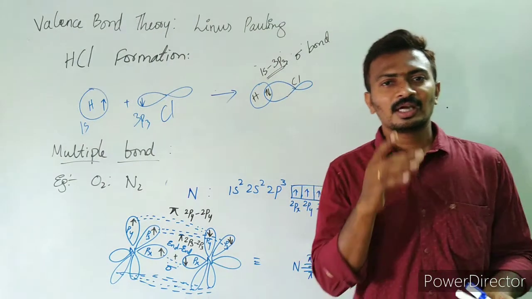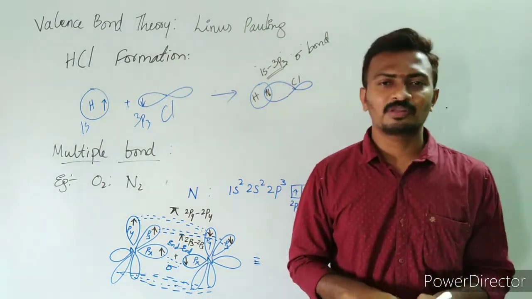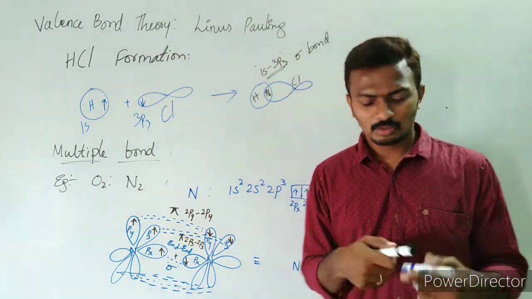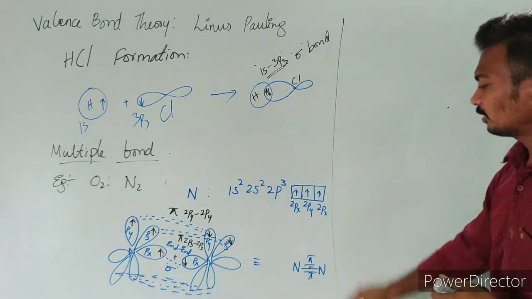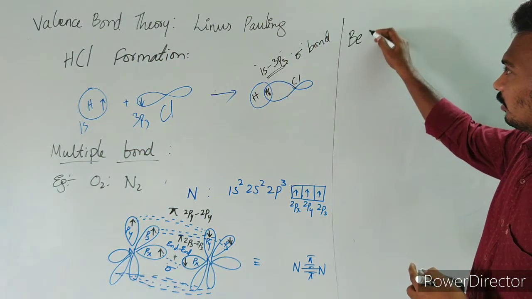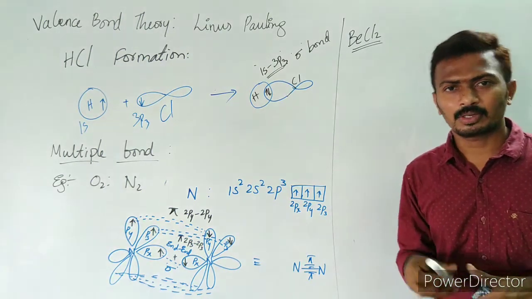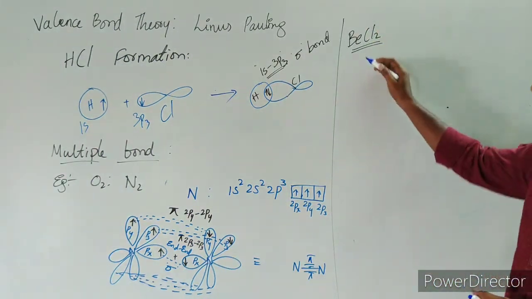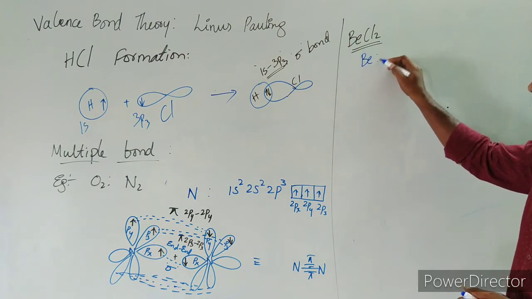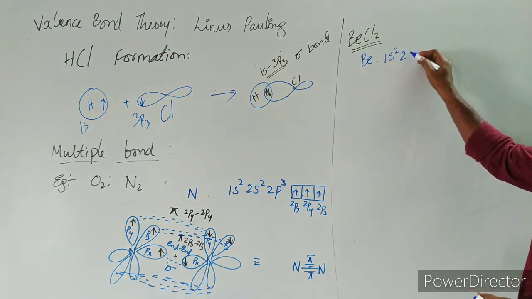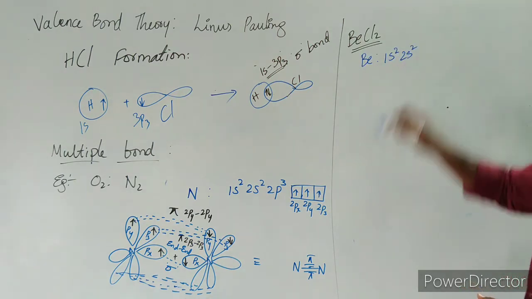VBT says that only unpaired electrons will participate in the bonding. We know that beryllium chloride is also a covalent molecule. But if you take the configuration of beryllium, it is 1s2, 2s2.